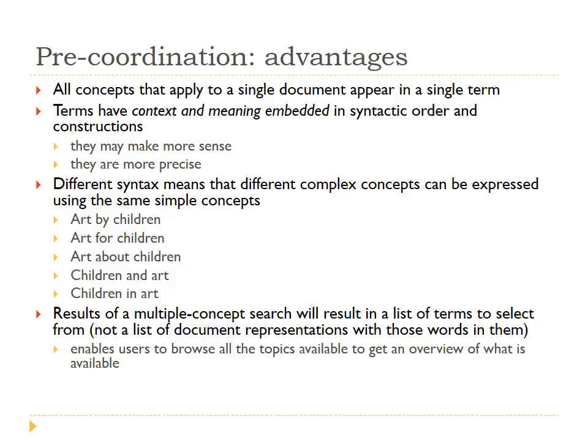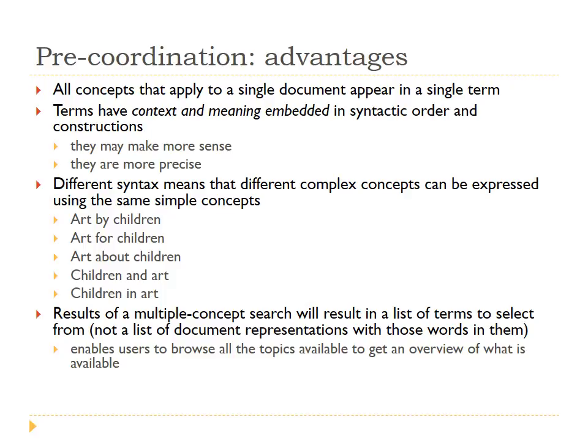There are advantages and disadvantages to each of these types of vocabulary. Some advantages of pre-coordination are that all concepts that might apply to a single resource appear in a single term. So you don't have to apply multiple different terms to a particular document to represent all of the subjects or all of the topical coverage in that document.